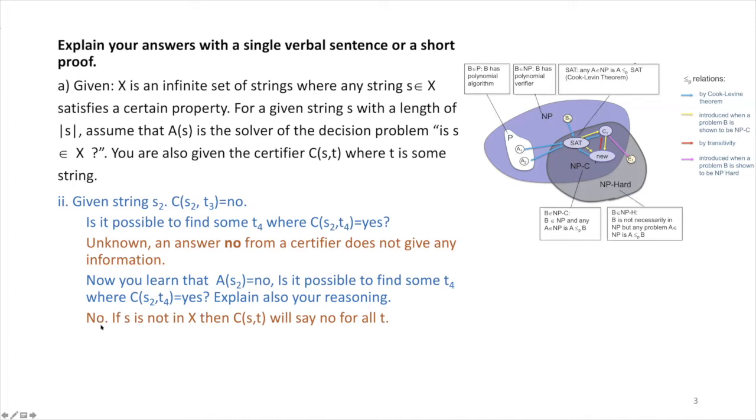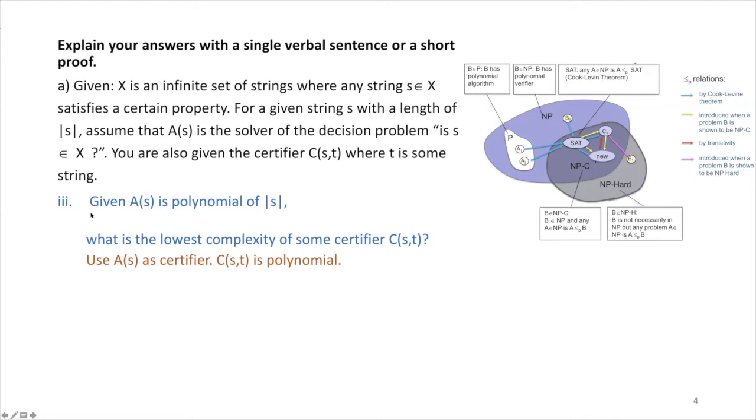The answer is no, because the algorithm itself is saying no. So if S is not in X, then C(S,T) will say no for all T. Because of that, it is not possible to find some T4 for which the answer of the certifier is yes for the problem instance S2.